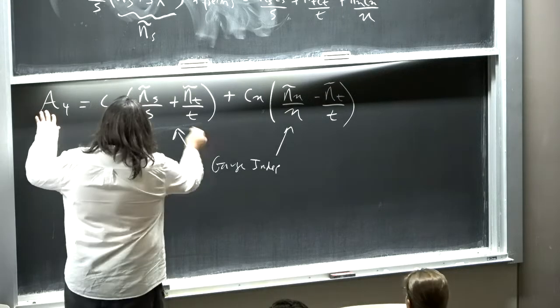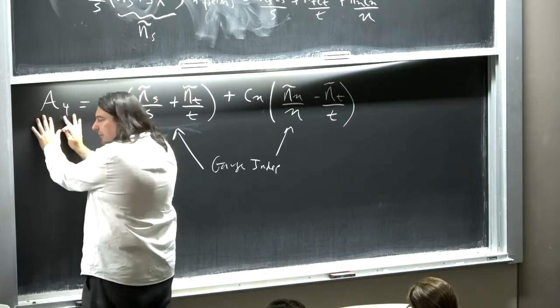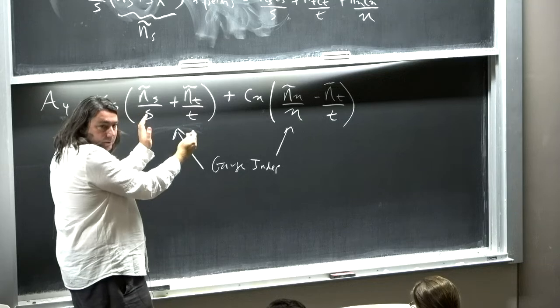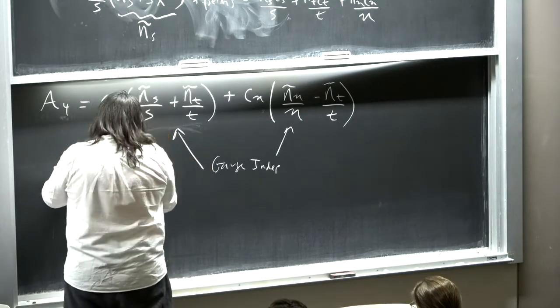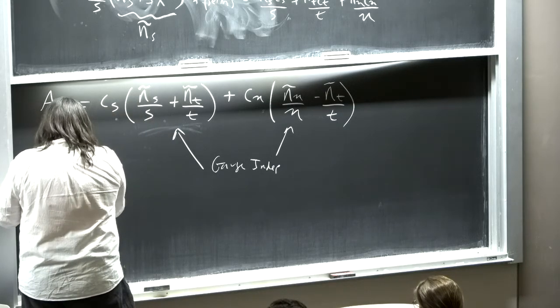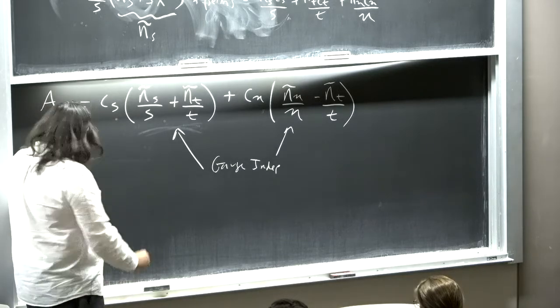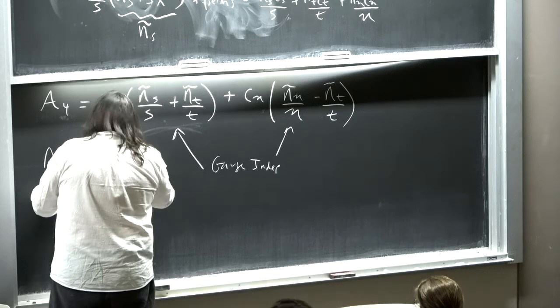So this is a full amplitude, this is an actual amplitude, this is an actual amplitude. This is a partial amplitude, but it's gauge invariant. It's a gauge invariant building block. So I could call something like this A_ST, just to label the channels if I wanted to, or you might see it more often written as A(1,2,3,4).